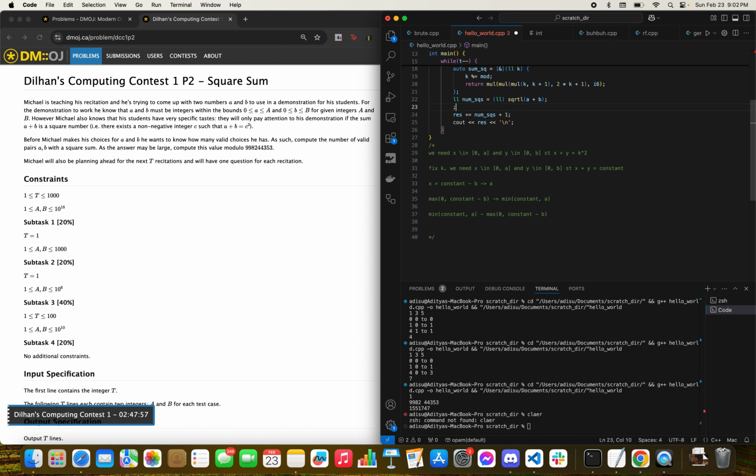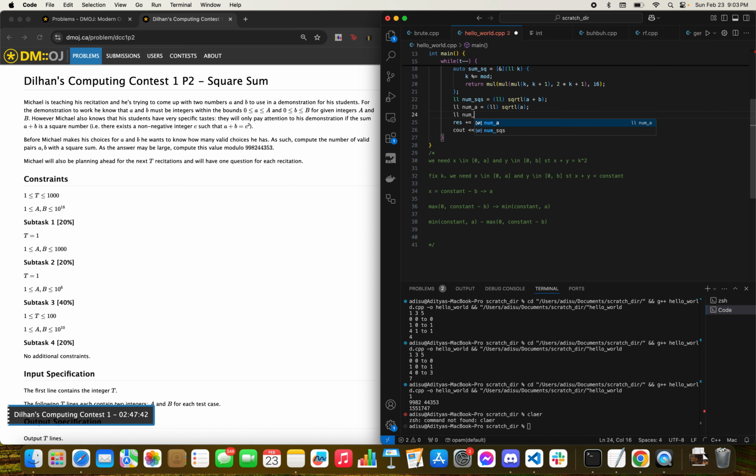So let's first take care of this thing right here. So you define like the highest that works for A. So how would this work?